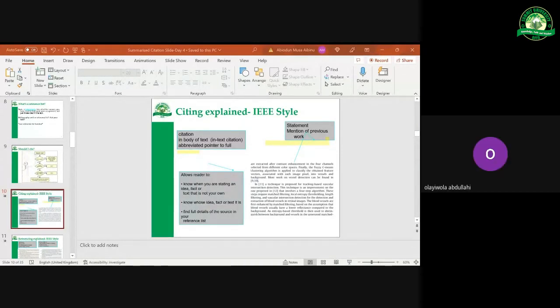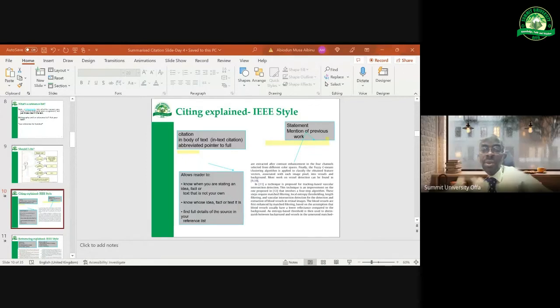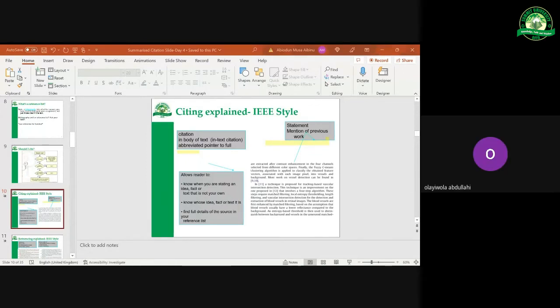Hello, good afternoon. Good afternoon, sir. My name is Olaiwola Alfa Abdullahi. I am so glad to join this event. My own is not really a question per se. It's just to buttress what you've said about the use of software instead of using manual process. I know a lot of people in Nigeria actually use manual process.